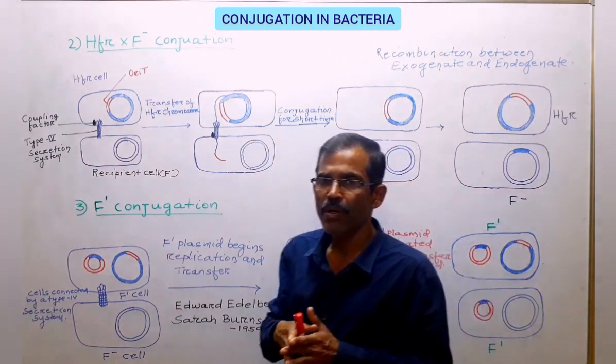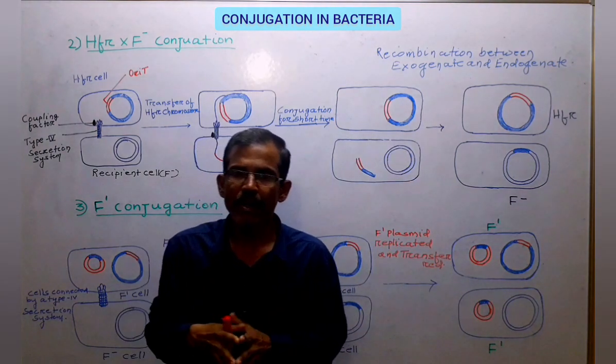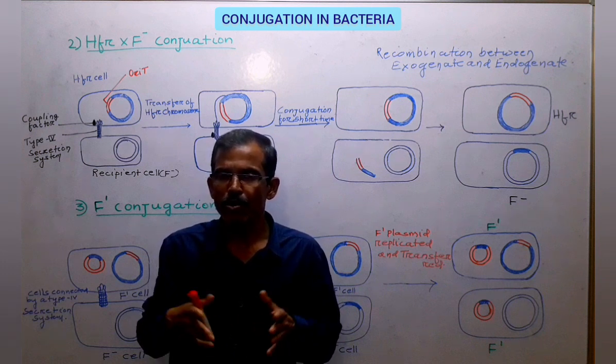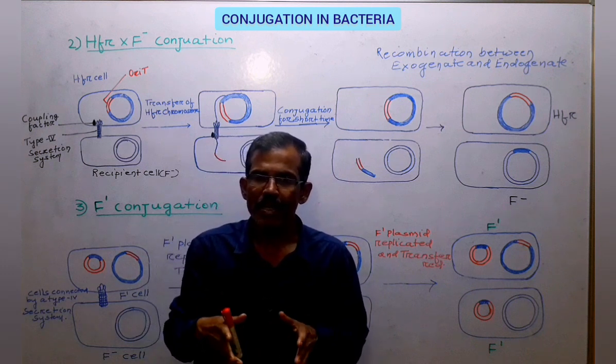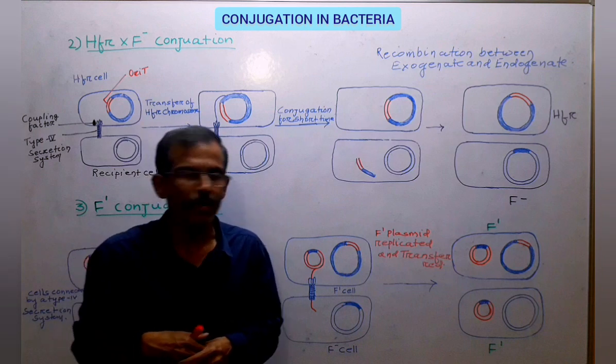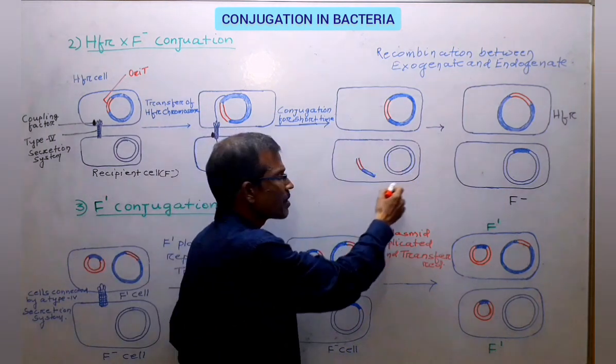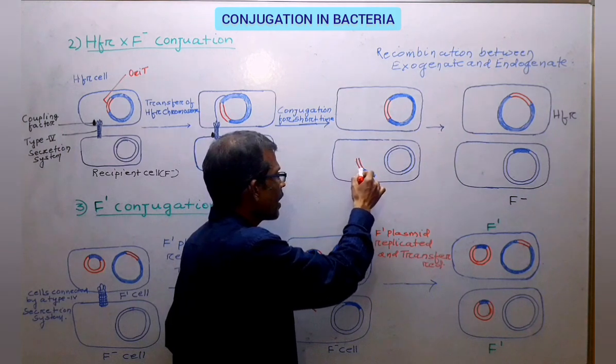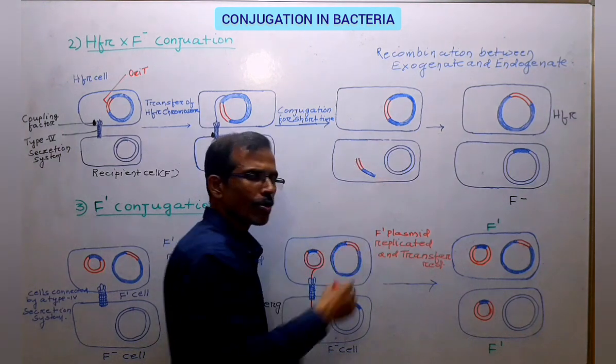As the transfer of the complete Hfr chromosome takes about 100 minutes, in most cases the transfer is incomplete. That means the recipient cell receives a part of the F factor and a part of the donor chromosome.